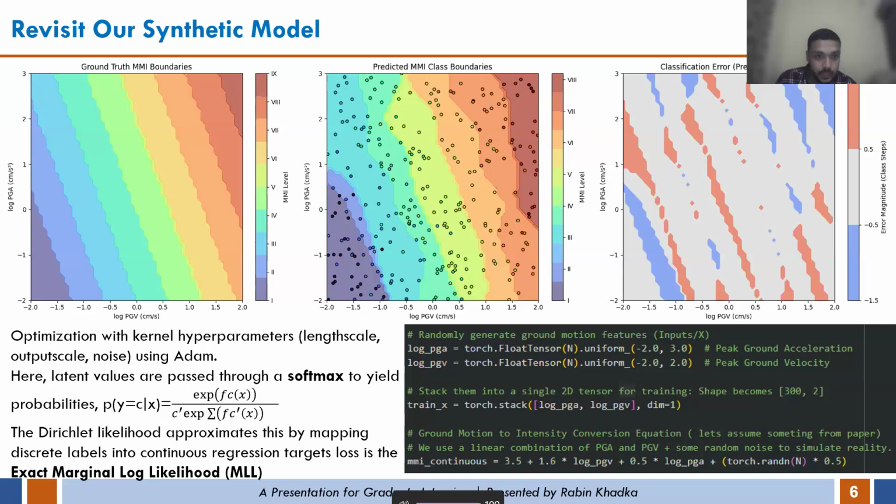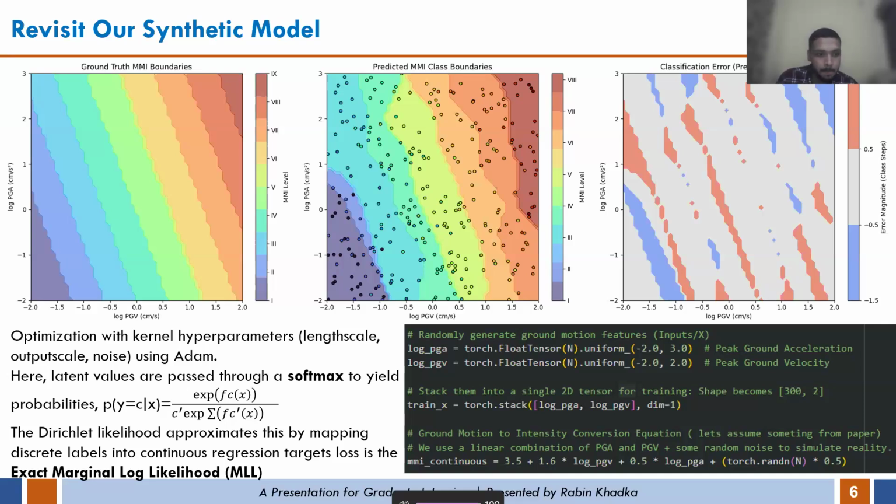There are actually 12 classification levels that define the MMI scale, starting from the first level, which is no shaking or very small shaking that most people cannot feel, to vigorous shaking with destructive damage at the 12th MMI class. So those are the ranges that we will be talking about, and that is the particular thing that we will be modeling from the large sets of data that we have acquired.